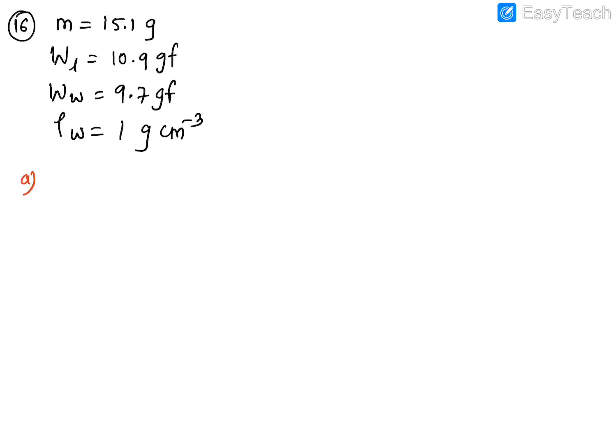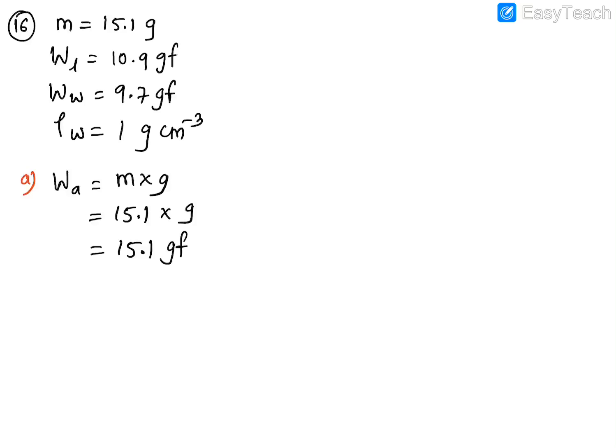What are they asking us in the A part? The weight of the piece of stone in air. So how do you find the weight of an object in air? Mass into gravity. So it's 15.1 into gravity. So 15.1 GF, gram force. Done.